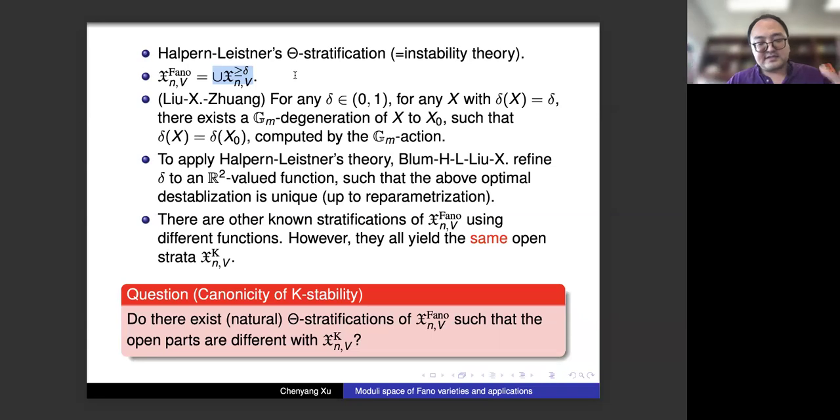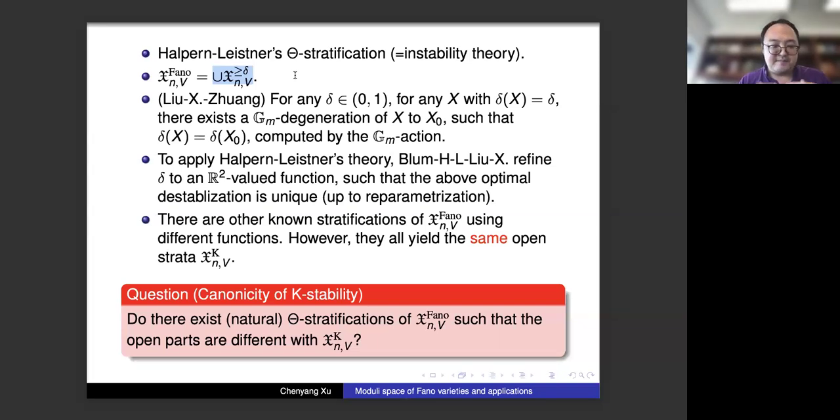While these stratifications are different, they always have the same open part, which is the K-semistable locus. That makes me wonder whether K-semistability is a very canonical object when I study the stack of Fano varieties.